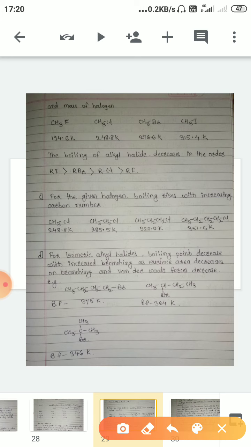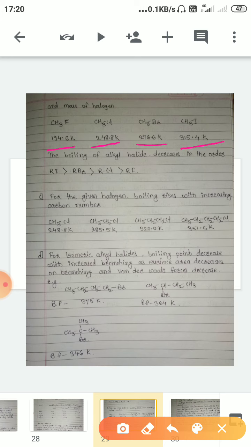For methyl fluoride, the boiling point is 194.6 Kelvin. For methyl chloride, it is 248.8 Kelvin. The boiling point of methyl bromide is 276.6 Kelvin and that of methyl iodide is 315.4 Kelvin.